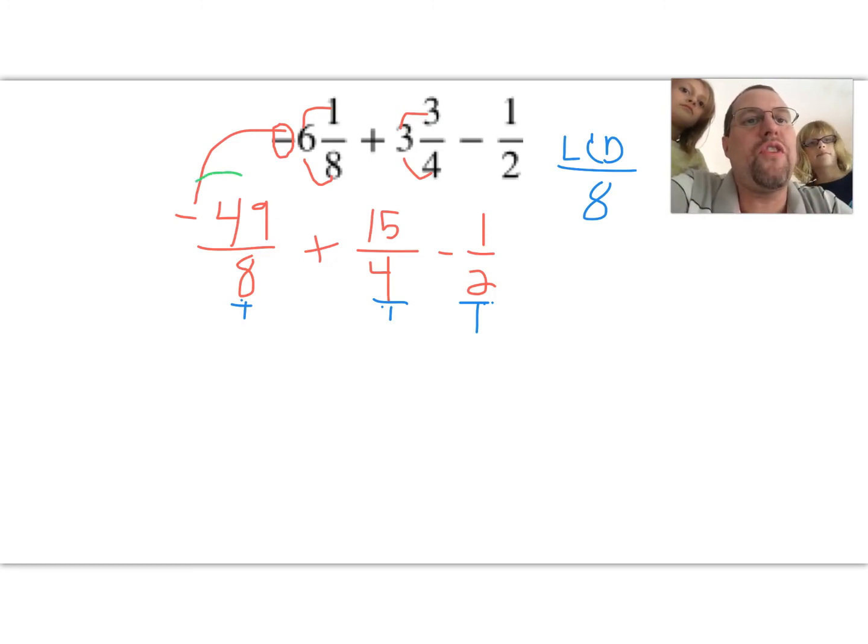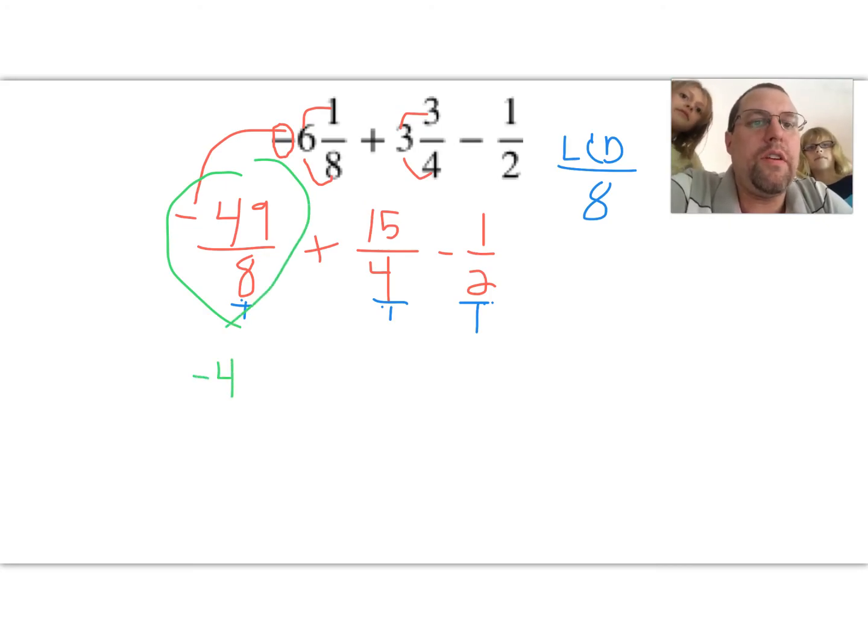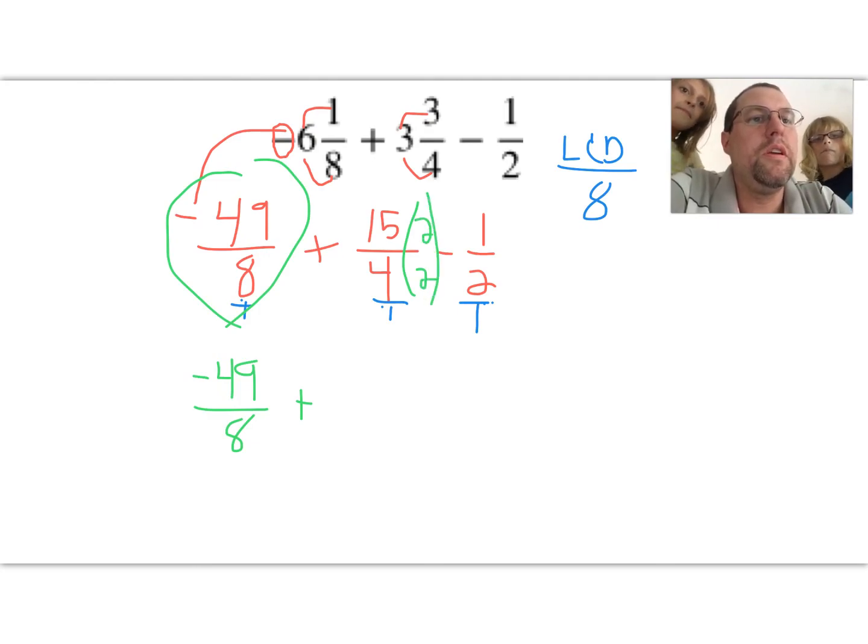All right, so now let's create common denominator. Now, nicely enough, this first fraction is all set. So we can write it as negative 49 eighths. Plus, now this we have to tweak with 2's. So you're going to have 30 over 8 minus 1/2.